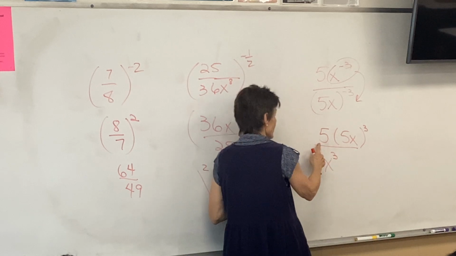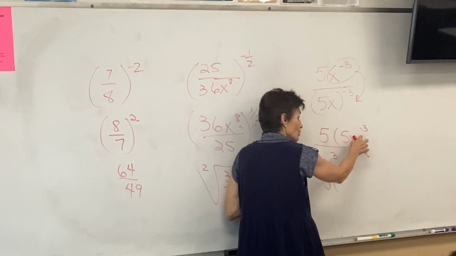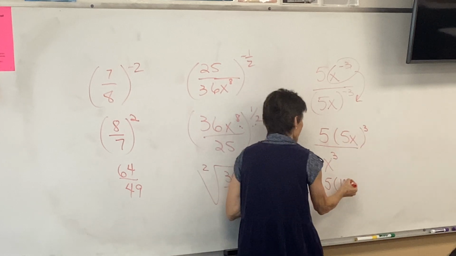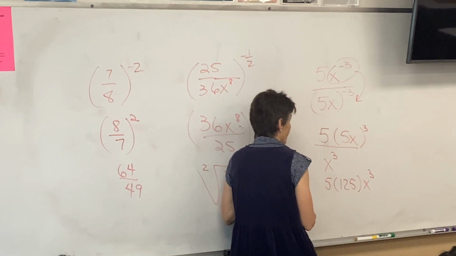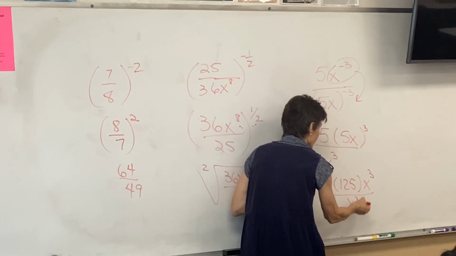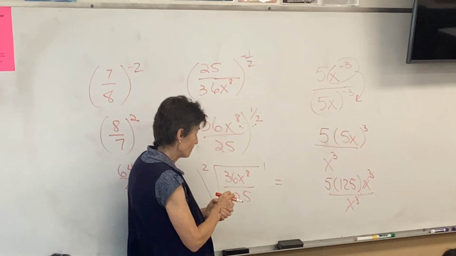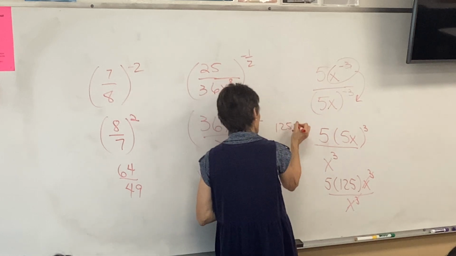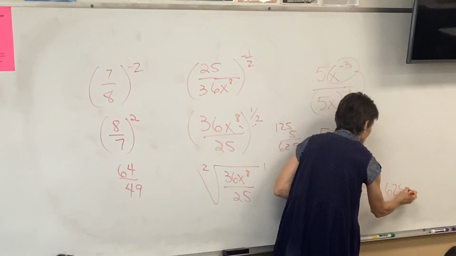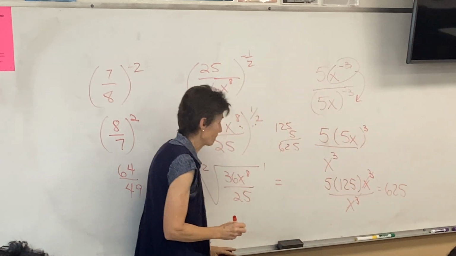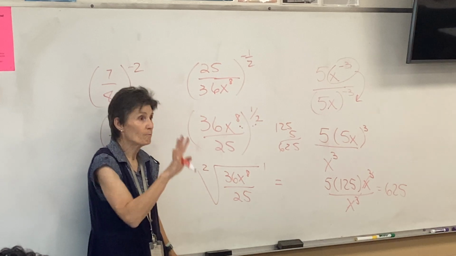So what have I got on the top? 5 times, okay, 5 cubed is 125. x cubed over x cubed. So it looks like the answer is 125 times 5, which is 625. That one's confusing because you only move part of it.